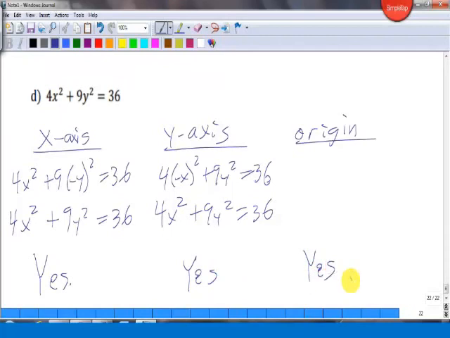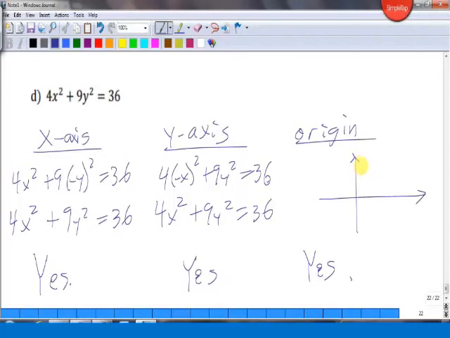What does the graph of this look like? Anybody know? Since the 4 and the 9 are different from each other, if they were the same, it'd be a circle. But because they're different, you got a little bit more y squared than x squared. It's actually an ellipse.